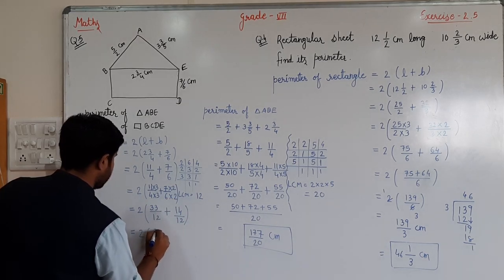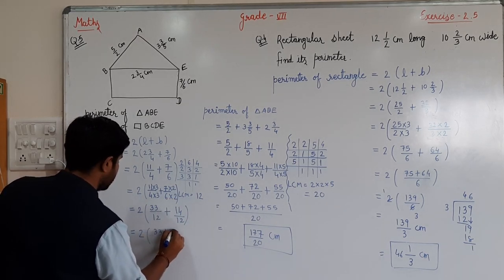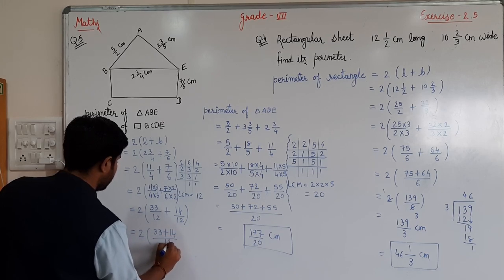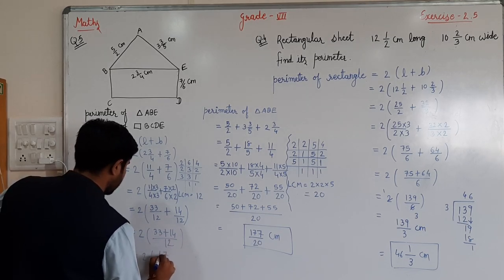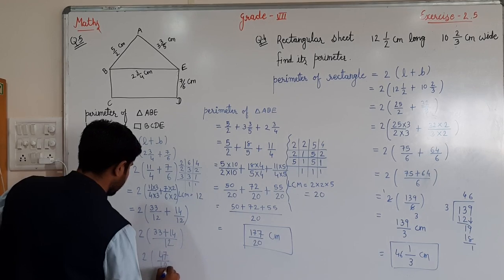So 2 times the bracket 33 plus 14 upon 12, which is 47 upon 12.